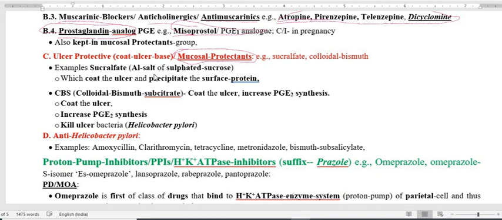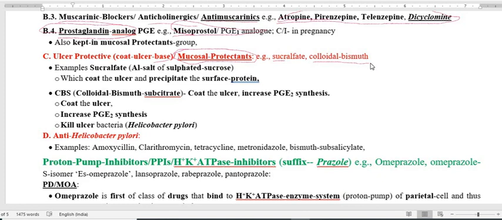Under this mucosal protectant or ulcer protective agent, which coats the ulcer, they are usually basic in nature. The examples are sucralfate and colloidal bismuth, which we have to discuss in detail.